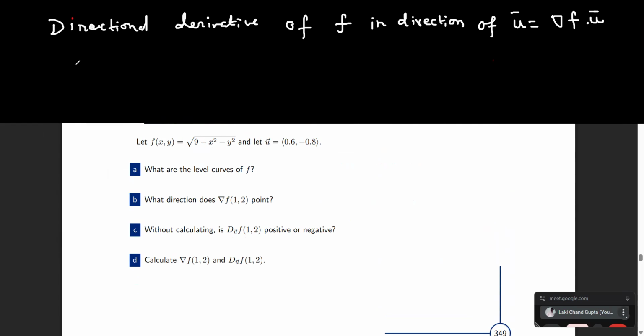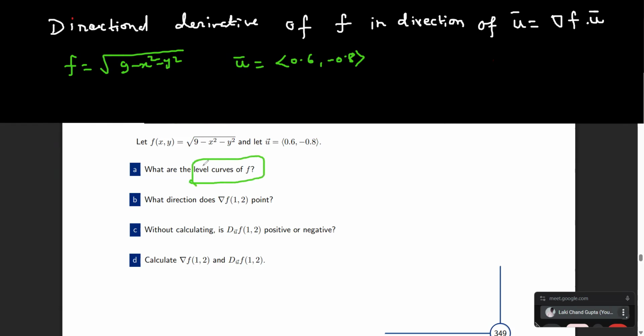See, the function is what? First you tell me what is a level curve. I already told you how to find a level curve, right? You know how to find a level curve?